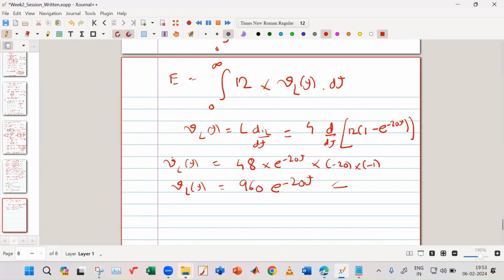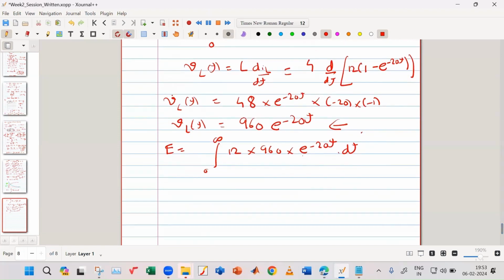Now this is my equation for VL of t that I have to substitute over here. So I will get E is equal to integral 0 to infinity 12 into 960 into e raised to minus 20t into dt.